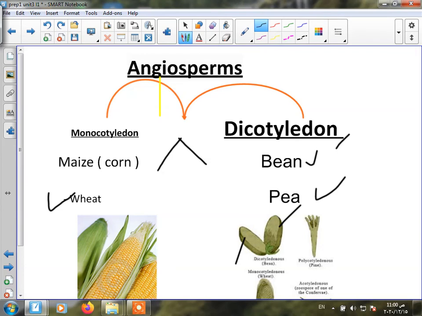In monocotyledon, each seed contains only one part, while a dicotyledon seed is divided into two parts, as in the bean plant and pea plant.